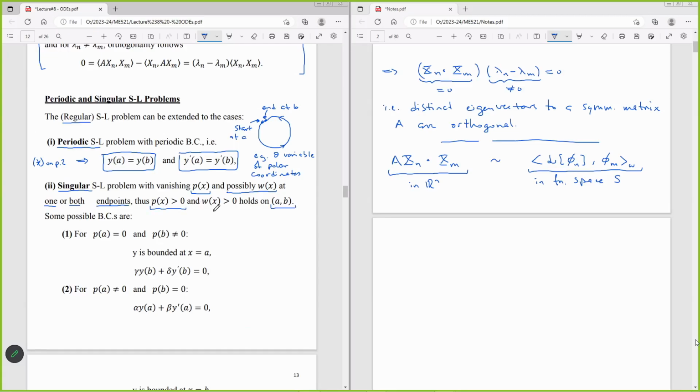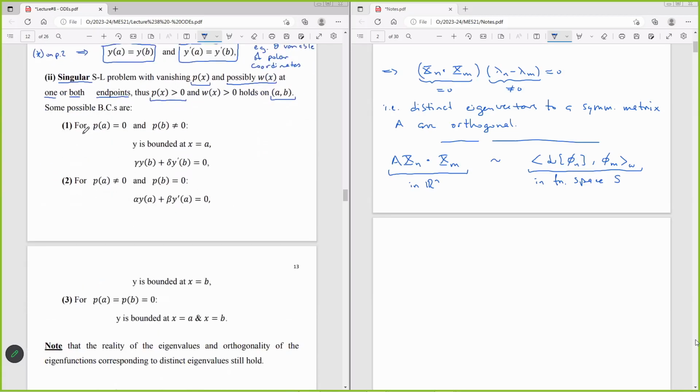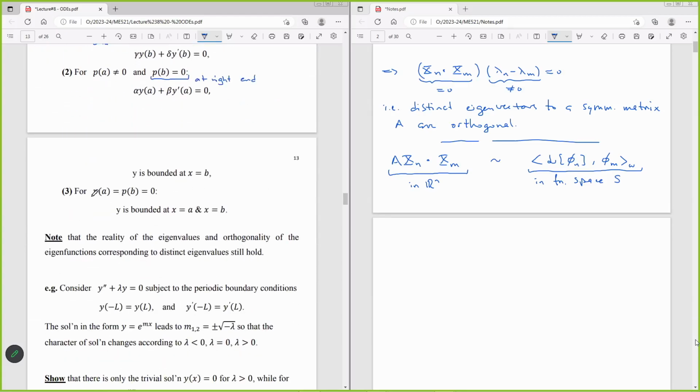So we are not looking for P vanishing in the interior, only at the boundary. So now I can identify three cases: it may vanish at the left end, it may vanish at the right end, or it may vanish at both.